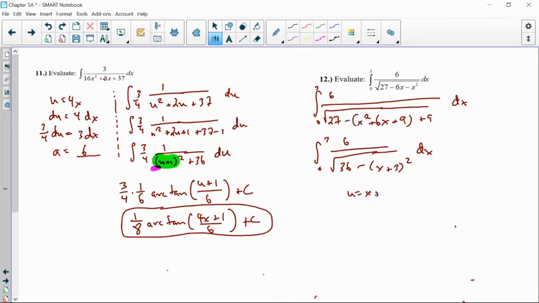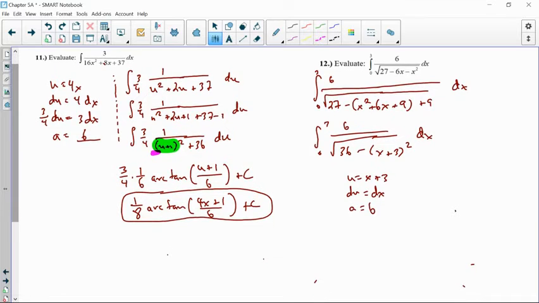Although maybe you realize we really don't need to do that because our du is just dx. And then we have 6 of them, we'll get 2. And my a value is also 6 because 6 squared is 36. So now I get the antiderivative. And if u is x plus 3, 0 plus 3 is 3. And 3 plus 3 is 6.